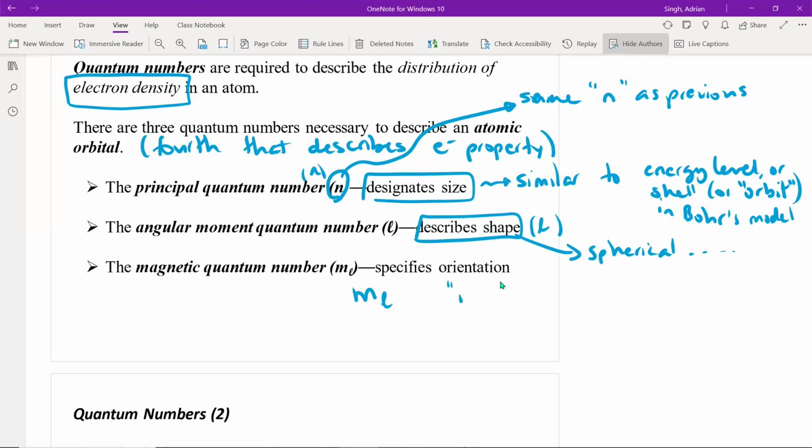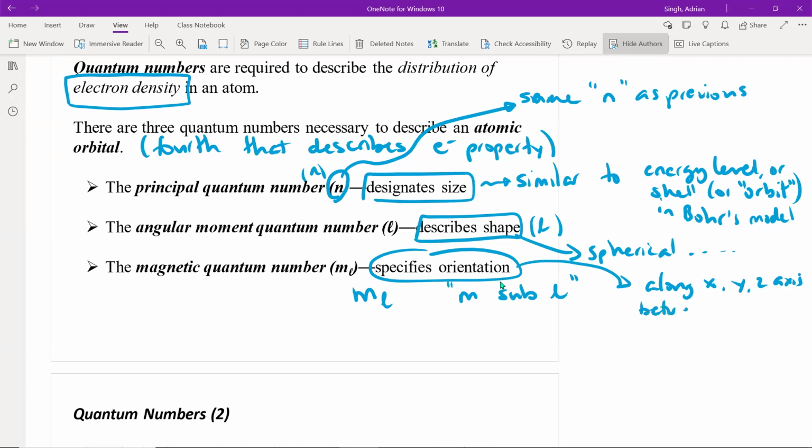So we say m sub l is how we would refer to that quantum number. And that specifies the orientation of the orbital. Okay, so is the orbital oriented along the x, the y, or the z axis, or maybe between the axes, and so on and so forth.